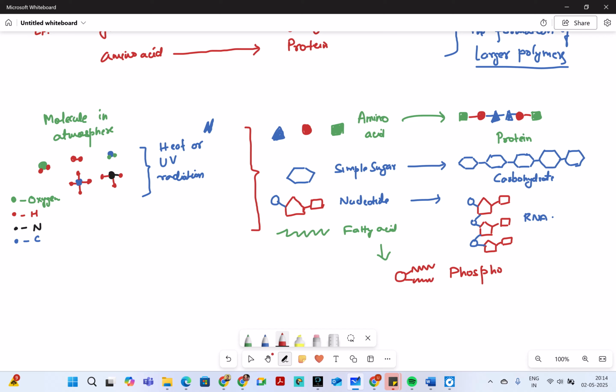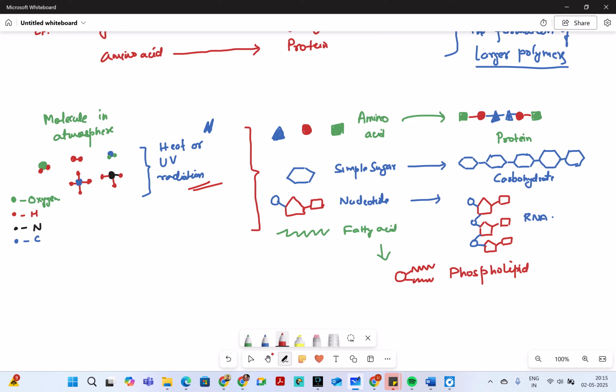Phospholipid. Fine. So this shows how biological molecules were formed, and these UV radiations have actually helped to create such things. But the question was, is it practically possible or not?